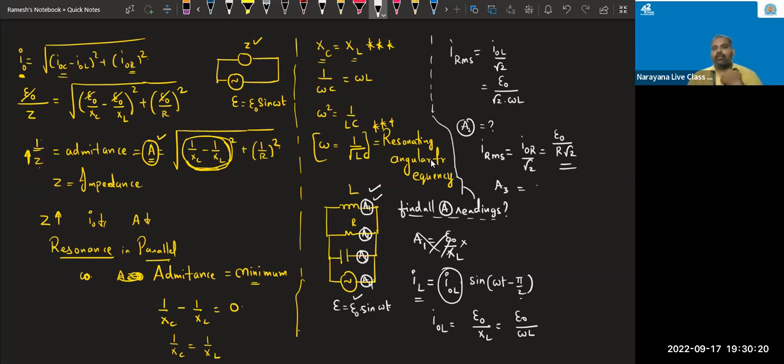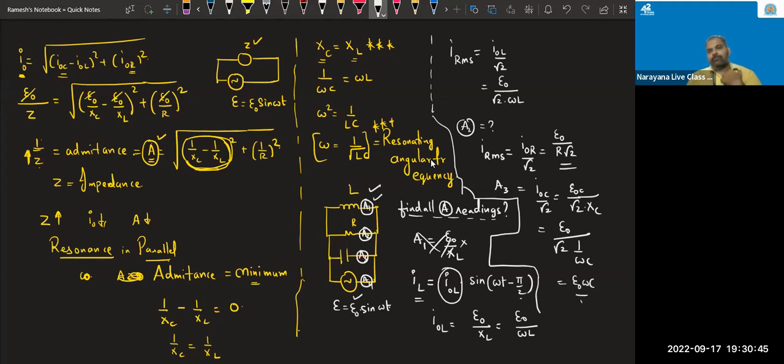Peak current in capacitor by root 2. So what is the peak current in capacitor? Peak EMF by XC, by root 2. XC value how much? 1 by omega into C. So omega C will go upside: E naught omega C by root 2.